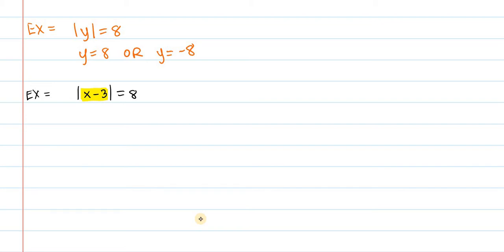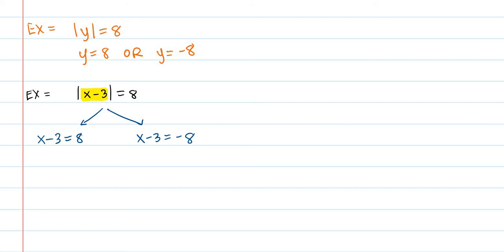So to solve, we start by rewriting this as 2 separate equations, where we take exactly what's in the absolute value and do not change it, and set it equal to the solution that was given, so set it equal to 8. Or we take exactly what was in the absolute value and we do not change it, and we set it equal to negative 8, because we know that our quantity is going to be 8 spaces away in the positive direction, or it could be 8 spaces away in the negative direction.